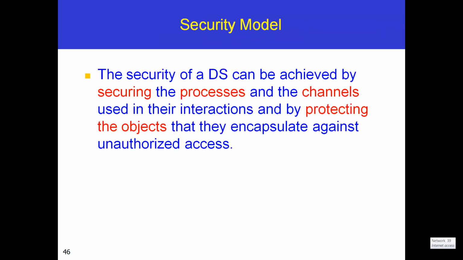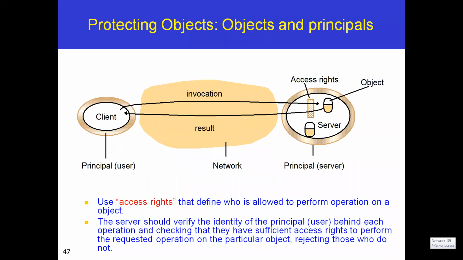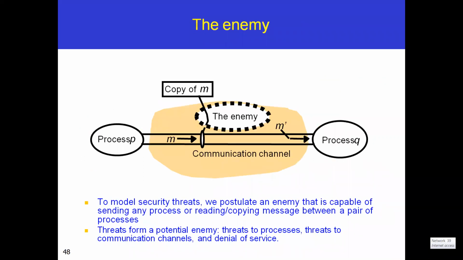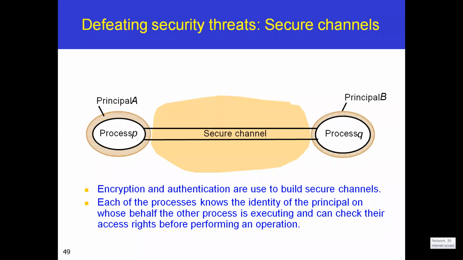The security model will protect the processes, channels and objects. Here it deals with the access rights. This diagram represents the access rights, this diagram represents the enemy, and the last diagram represents the secure channel.